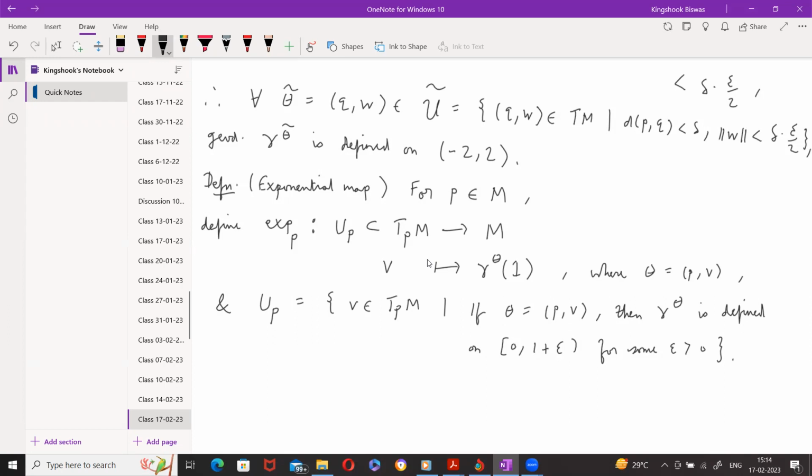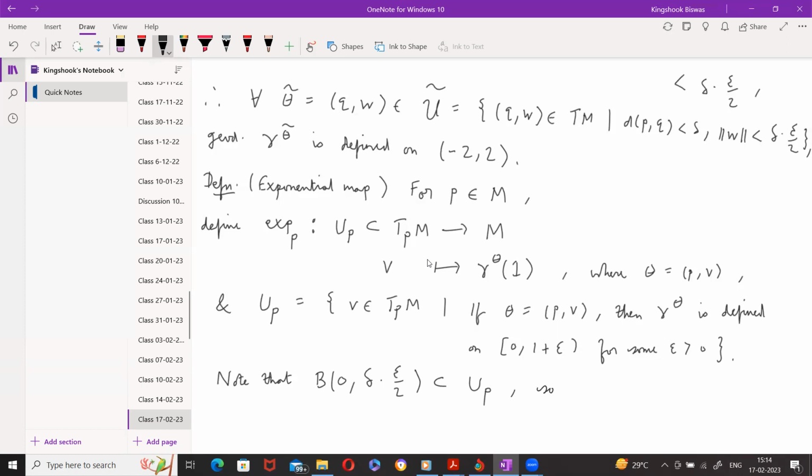Okay. So notice by what we've done above, this ball of radius delta epsilon by 2 is contained inside this set UP, right? So notice that this ball around the origin of radius delta times epsilon by 2, this is contained inside UP.